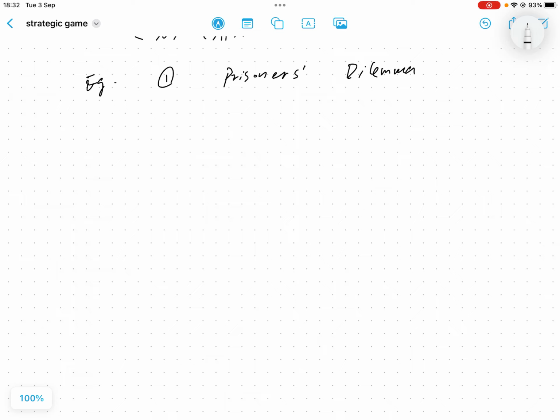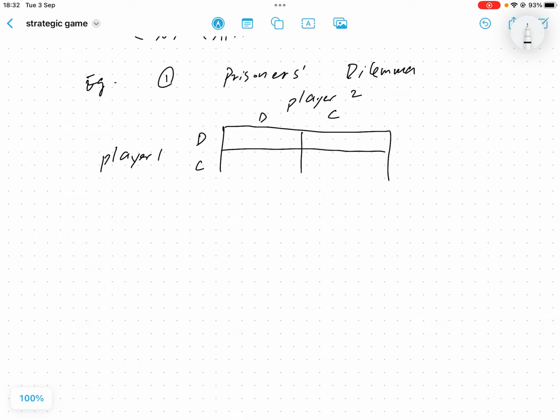We use the rows to denote player one and the columns to denote player two. Player one or player two could either choose defend or confess, D or C. Each of the players has the same actions, either defending or confessing. Given those actions, they get some payoffs, and we use this table to show the payoffs.